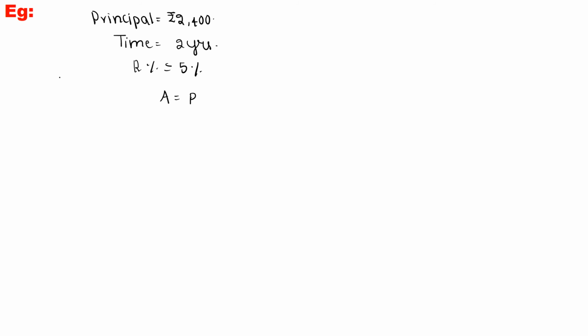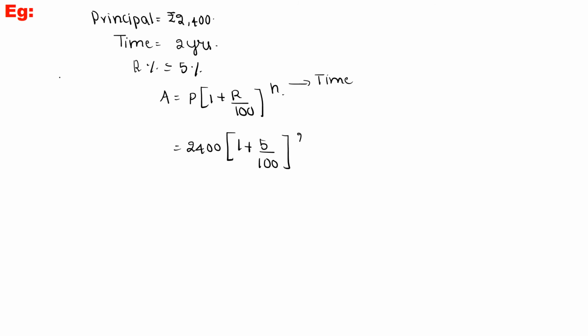Formula: amount equals principal into 1 plus r by 100 whole power n. Now let's substitute. Principal is 2400, 1 plus rate is 5%, 5 by 100, and n means time is 2 years.